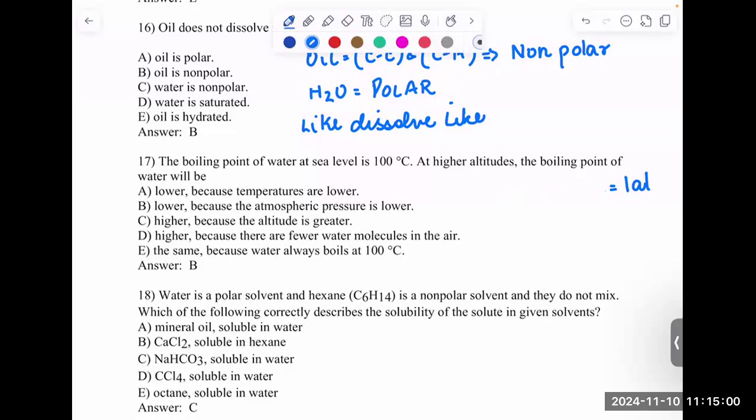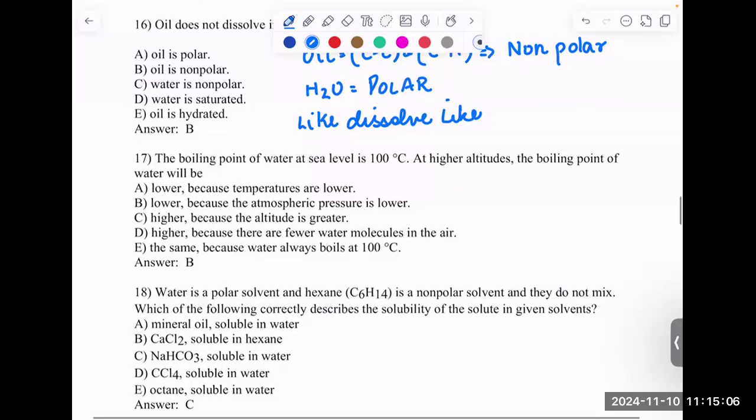Actually, it's not even at the sea level. We call it sea level, but it's actually on the plains. So the boiling point of water at sea level is 100 at standard temperature pressure. So when the pressure is 1 atm, the boiling point is 100 degrees Celsius.